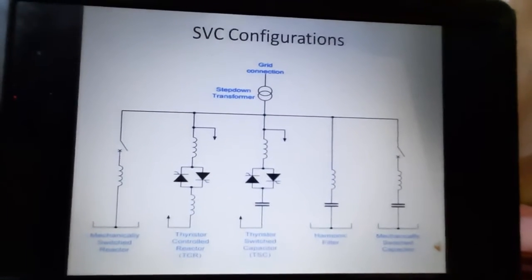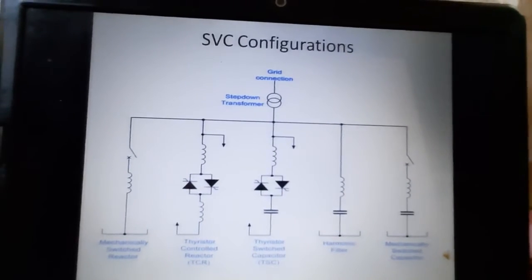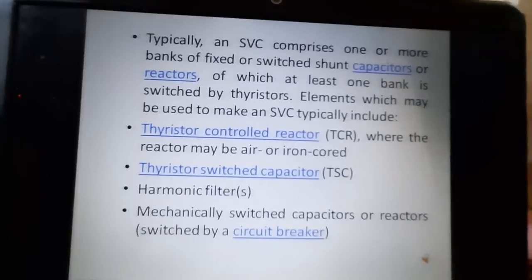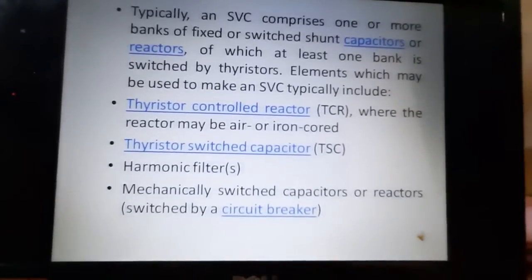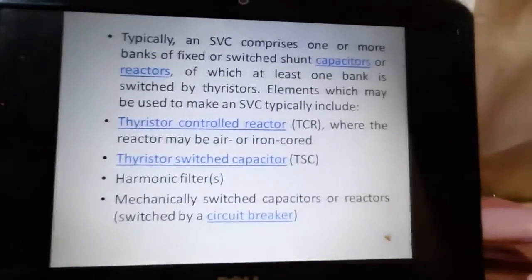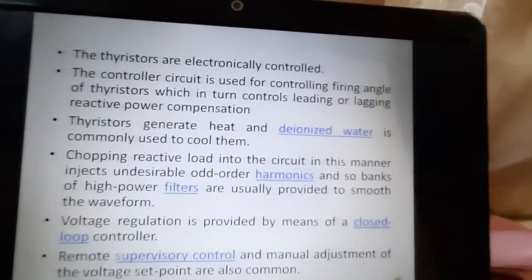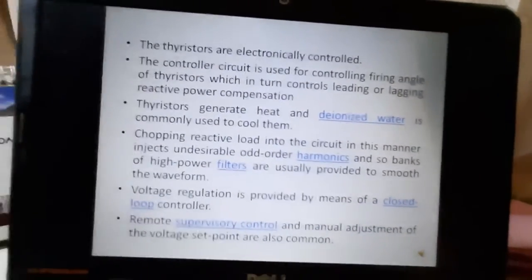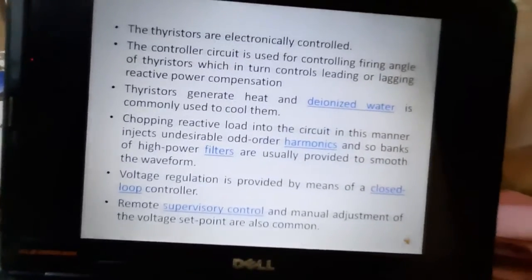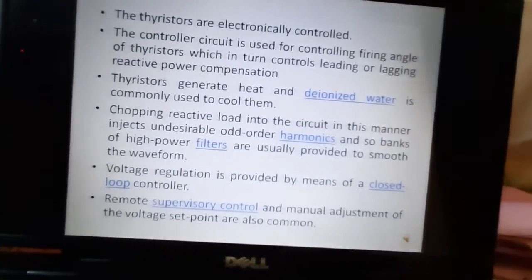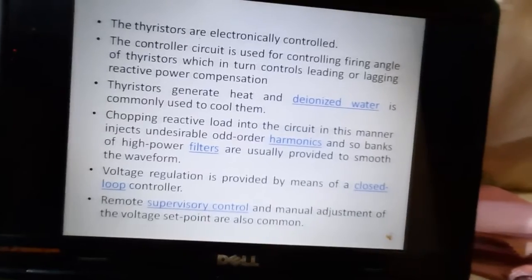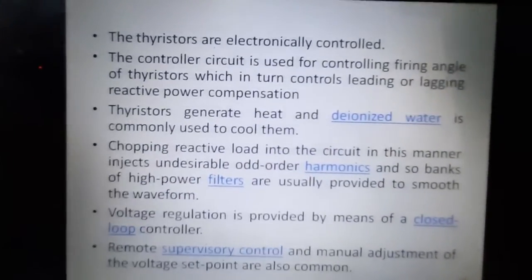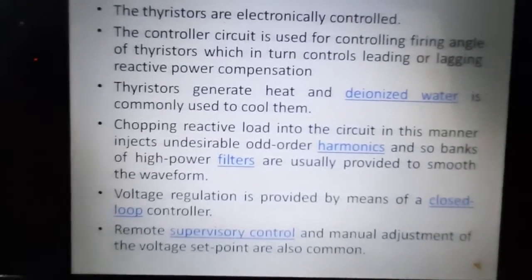Now, the thyristors are electronically controlled. The controller circuit is used for controlling the firing angle of the thyristors, which in turn controls the leading or lagging reactive power compensation.